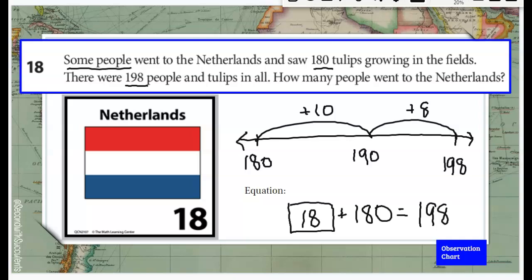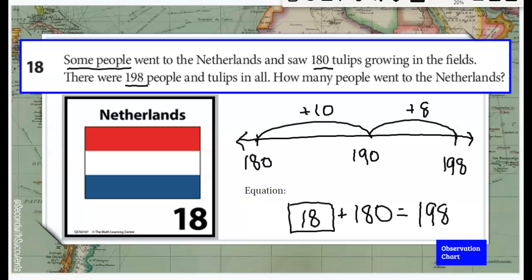Show a connection if you got the same answer of 18 people. Good thinking.